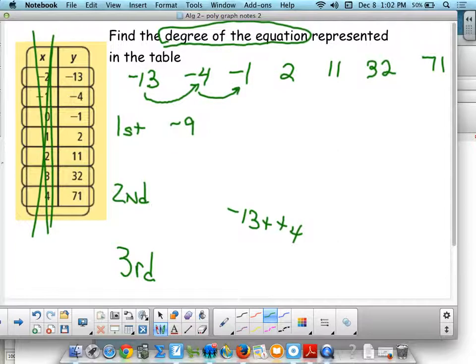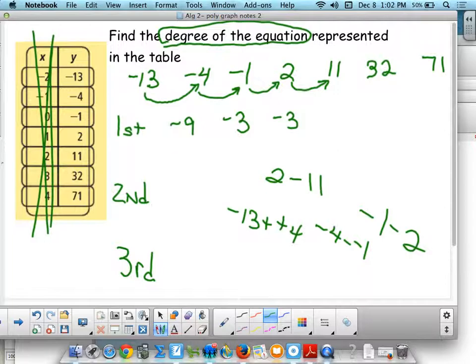You kind of have to do all of these, so we got to be kind of quick here. What's that? Negative 3. Okay, keep going. Negative 1, minus 2, negative 3. 2, take away 11, negative 9.